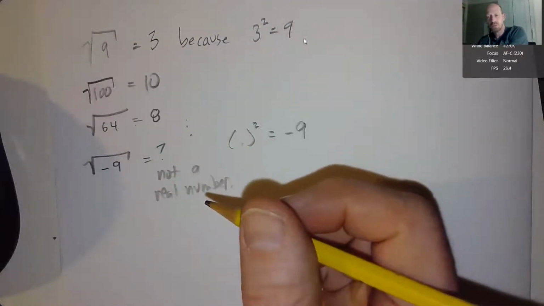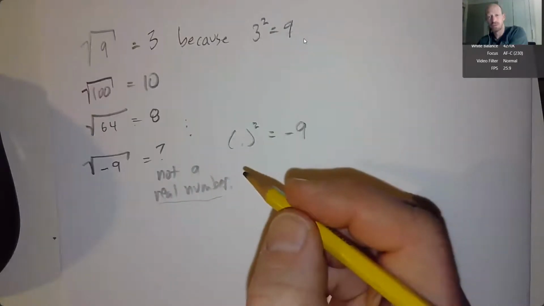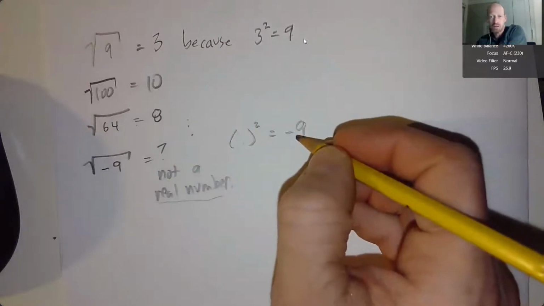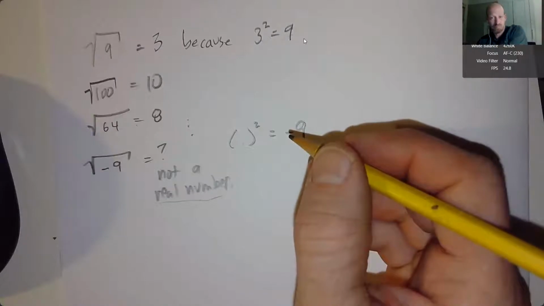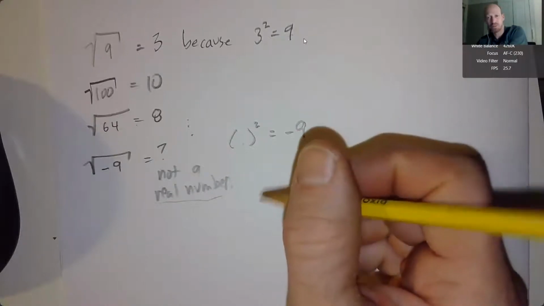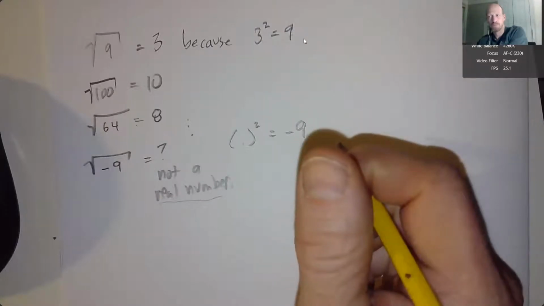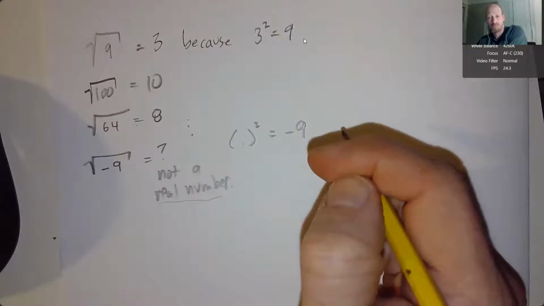But near the end, we say, well, okay, if it's not a real number, is it maybe some other kind of number? Is there some other number that when I square it gives a negative? And once we have that idea, we can make that happen. And that's really one of the powers of math, that we can take ideas and turn them into reality.